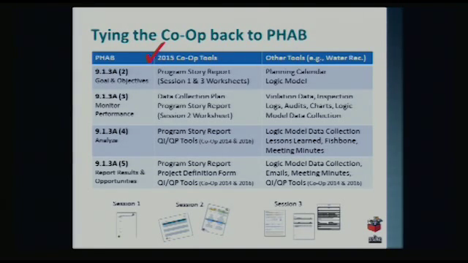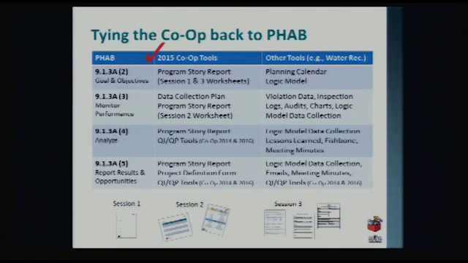So the first thing to point out is that throughout the co-op, we've been giving you lots of different tools, and I've got those just pictured at the bottom. We've had worksheets, we've got the story report that I'll be going through, the data collection plan, we've been giving you tools to develop your SMART objectives. Stacey talked about the project definition form. So all those are tools to help do the evaluation and then to help also document for the standards.